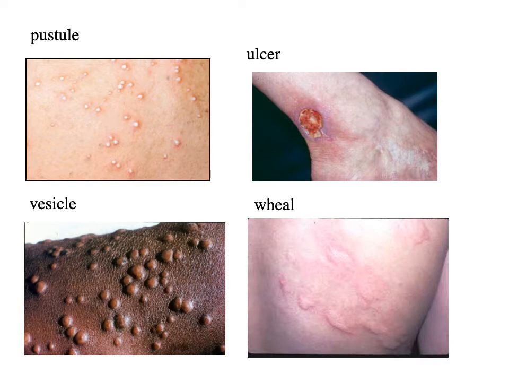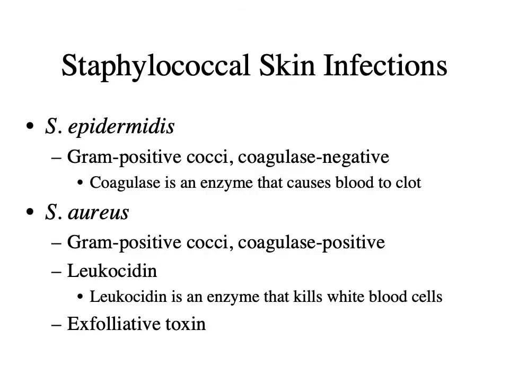Vesicles, I know you don't have a ruler here, but these are all approximately the size of your pencil eraser or less, and these tend to be distributed all over fairly symmetrically. And here's a wheal, which is a typical presentation of some kind of chemical reaction happening under there.